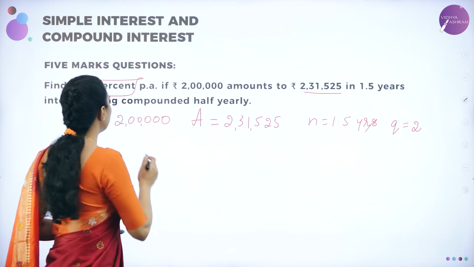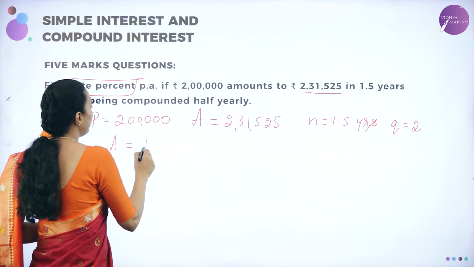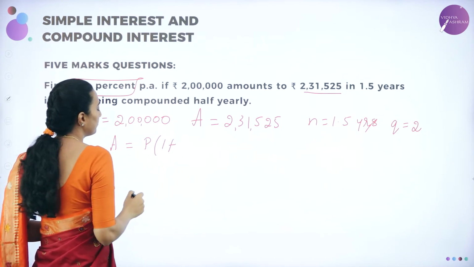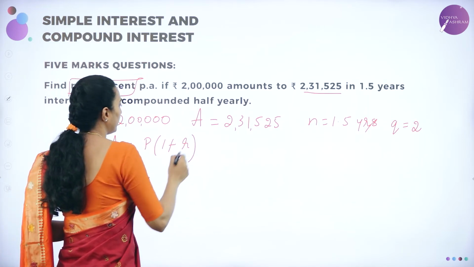Therefore, what is the formula? A is equal to P into 1 plus R to the power of N times.